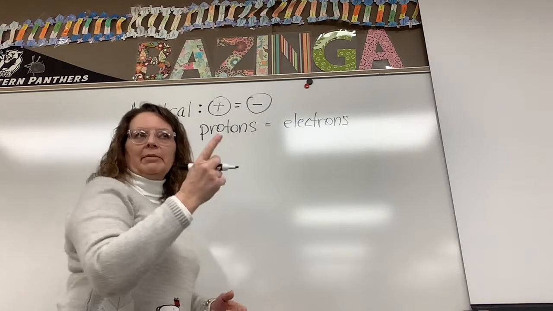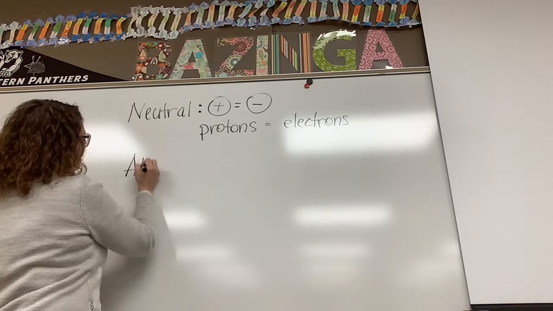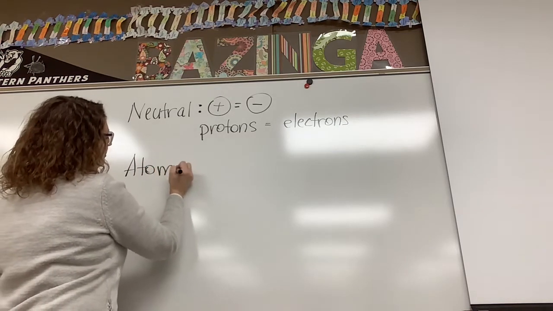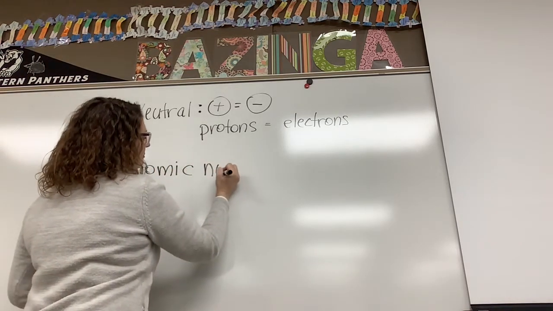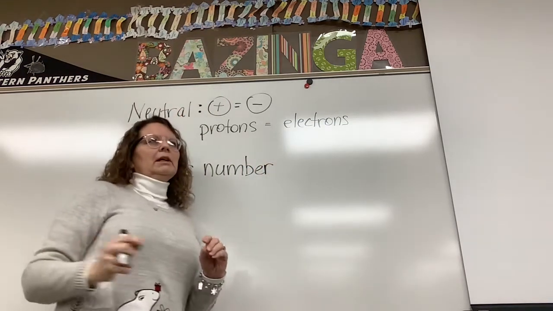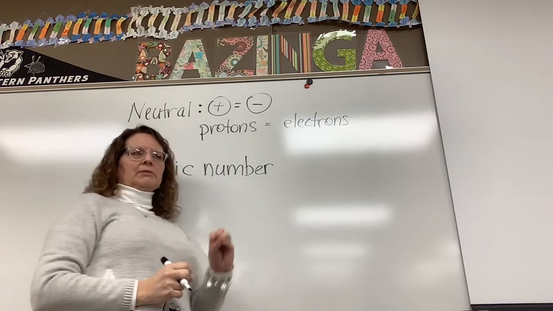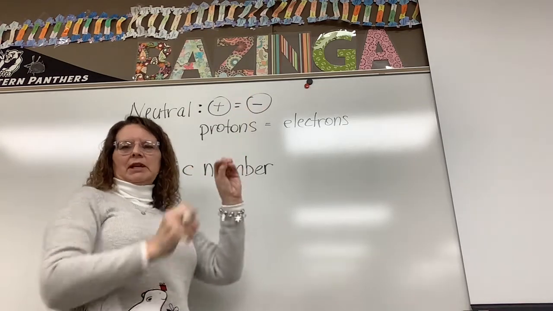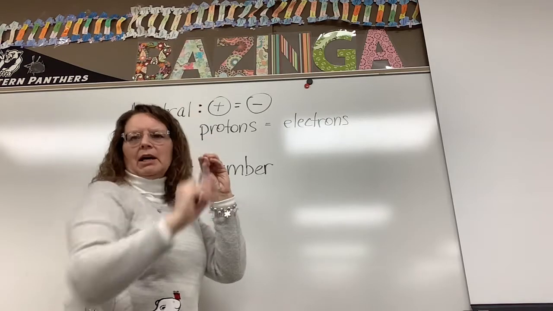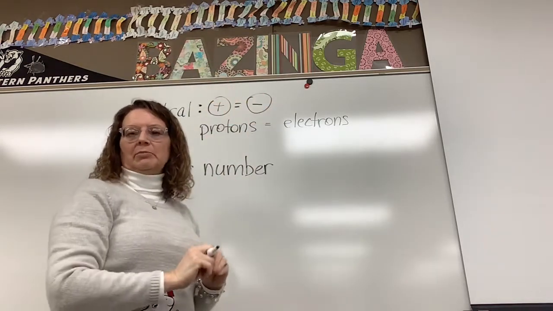So how do we know the number of protons in an atom? We look at the atomic number on the periodic table. So the atomic number, it varies on periodic tables. Sometimes it's on the top center, sometimes it's on the top a little bit to the right, but it's always on the top above the chemical symbol.